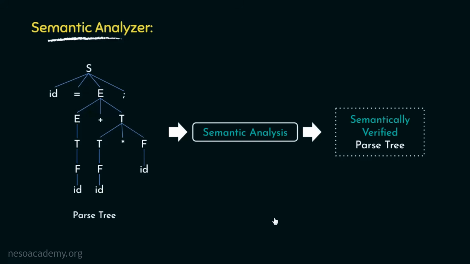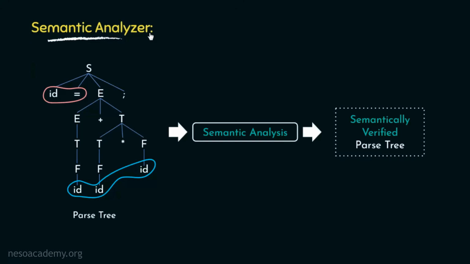Basically, it does the logical analysis of the parse tree. Like in this parse tree, these three identifiers can be constants, whereas this particular identifier, because it is followed by this assignment operator, cannot be a constant. Here, the semantic analyzer will examine whether the type of this identifier is variable.